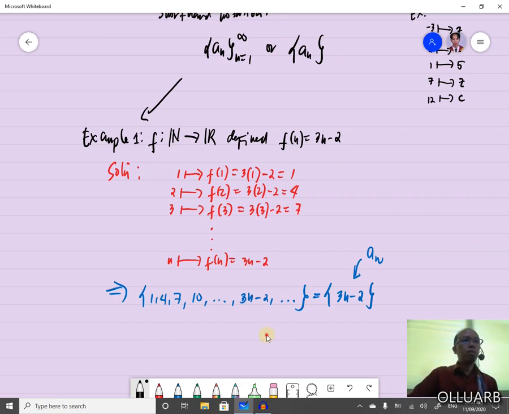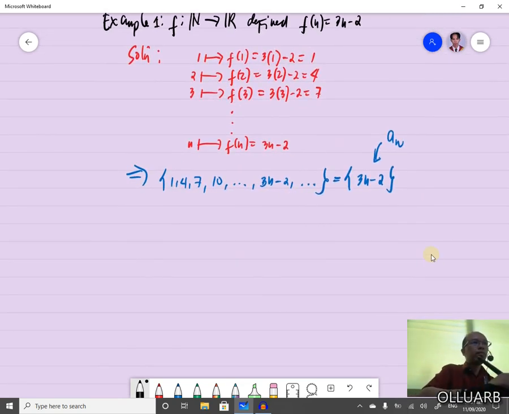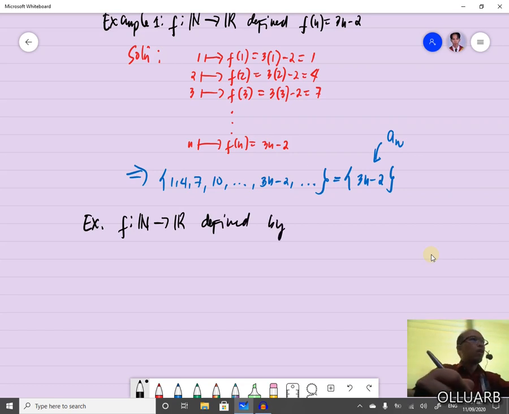So for example number 2, another example, we have, let's say, f mapping from the set of positive integers to the real numbers R defined by f of n equals 4 over n plus 1.